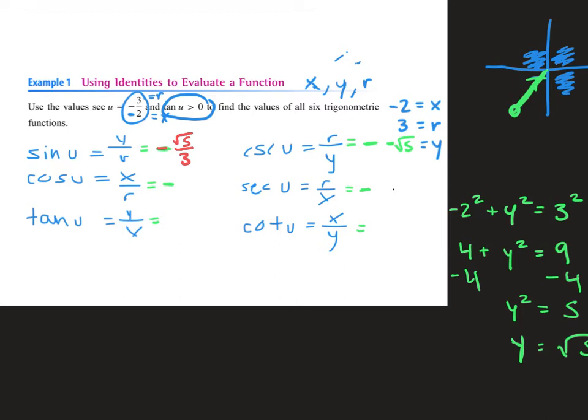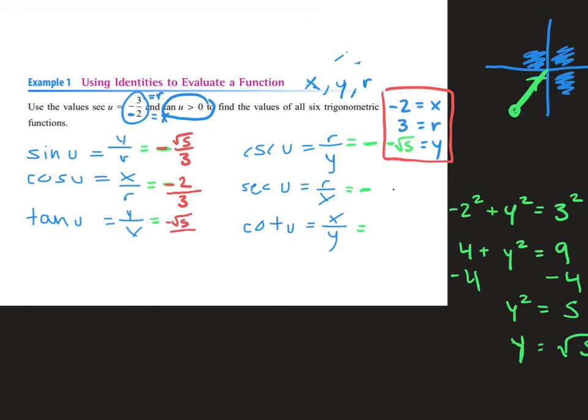So cosine, we have x over r. What's our x? Negative 2. And what's our r? 3. Tangent, we have y over x. What's our y? Negative square root of 5.